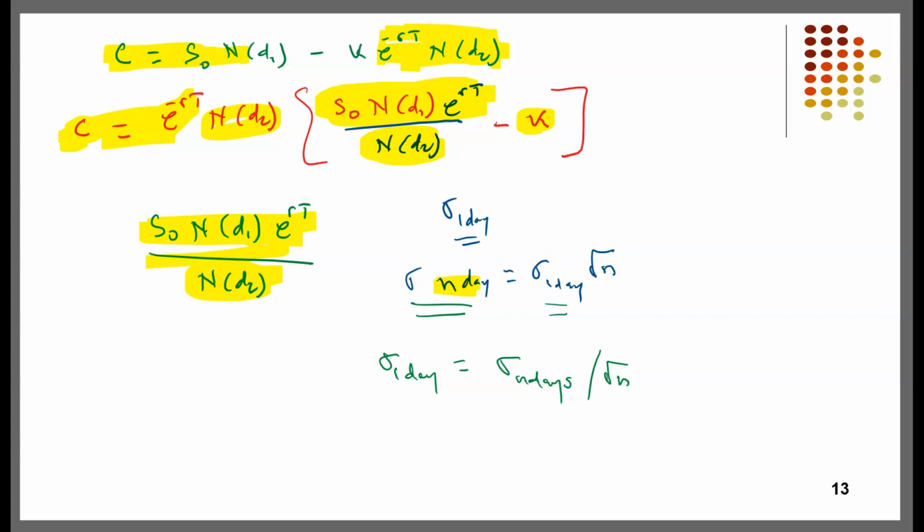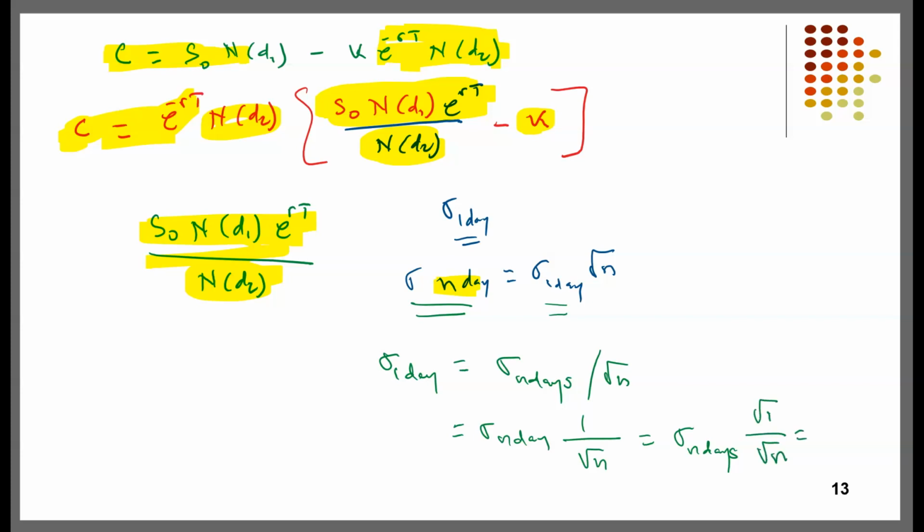Now I think your book uses something a little similar. Your book does something like this: the standard deviation for the 1 day is equal to the n-day standard deviation multiplied by the square root of 1 over n. That is, the square root of 1 divided by the square root of n.